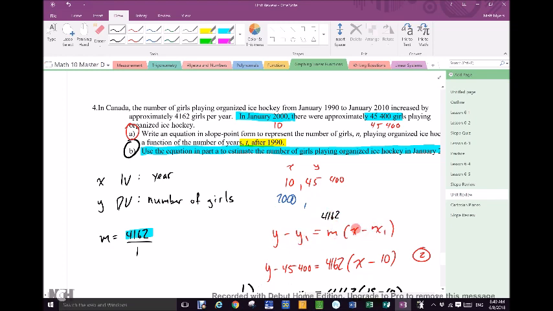Then you had to put in the points you know. The only point you knew was in 2000, there were that many girls playing. So since the girls are the dependent variable, that's the y value. Why did I put 10 instead of 2000? Because it's 10 past 0, the point where we started our data, 1990.